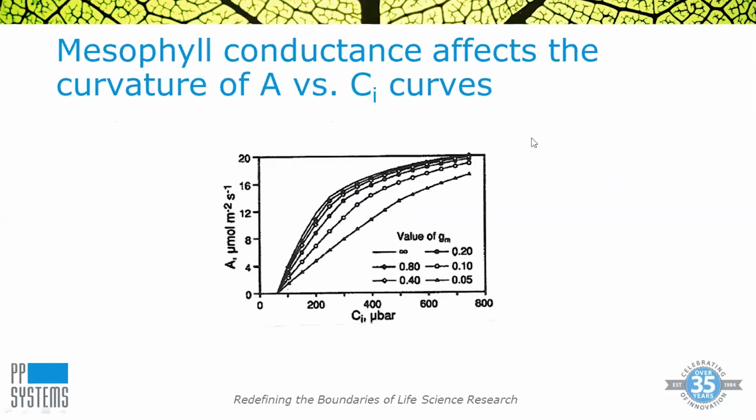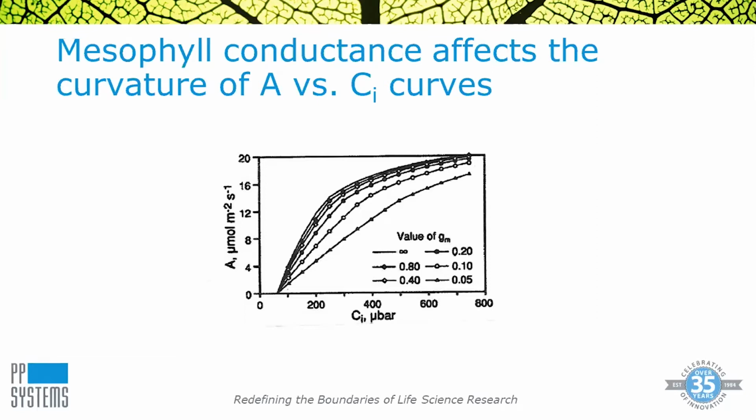Basically, mesophyll conductance affects the curvature of A versus CI curves. This is just an old figure taken from a paper we'll talk about later with the fluorescence methods, a Loreto et al. paper, and it just shows A versus CI with infinite mesophyll conductance and decreasing values of mesophyll conductance.